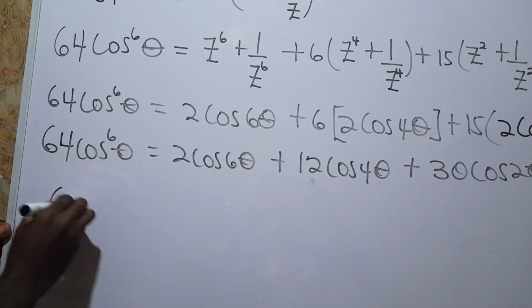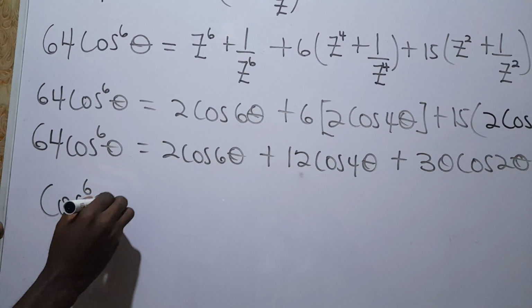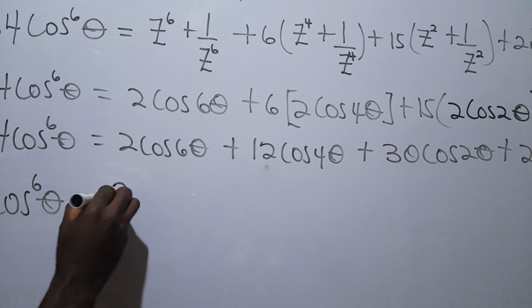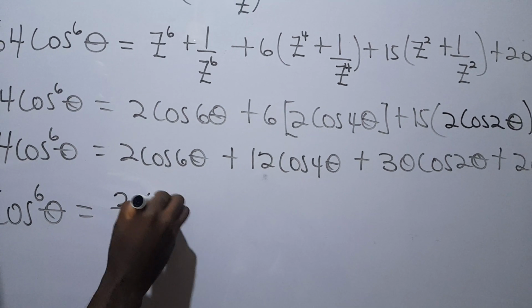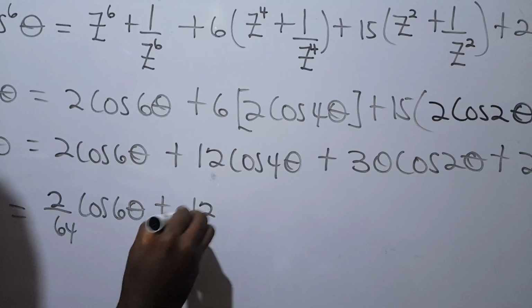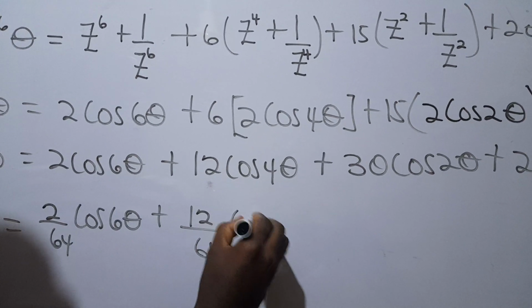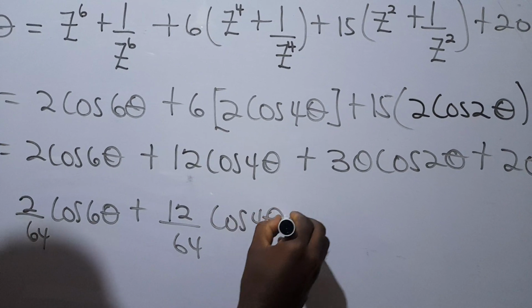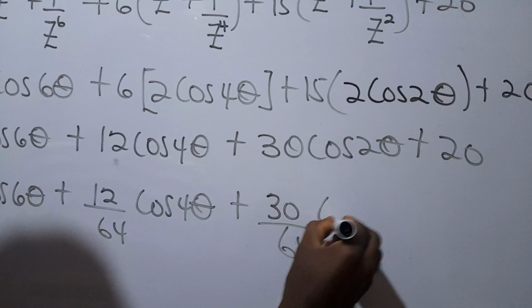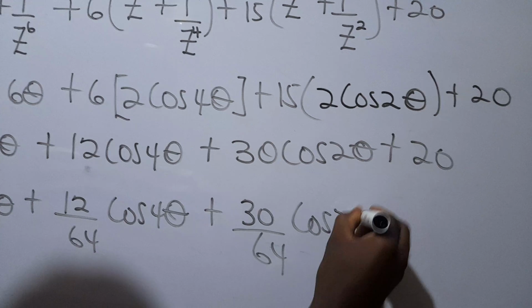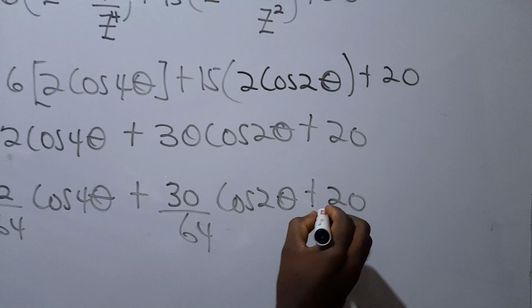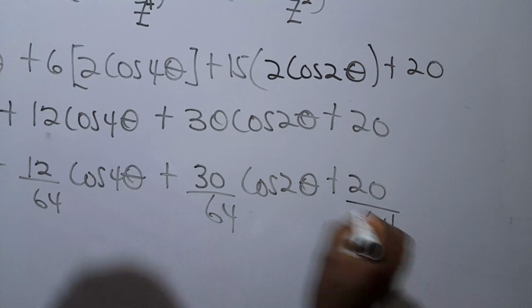So we can say that our cos^6 theta will be equal to 2 over 64 cos 6 theta plus 12 over 64 cos 4 theta plus 30 over 64 cos 2 theta, then plus 20 over 64.